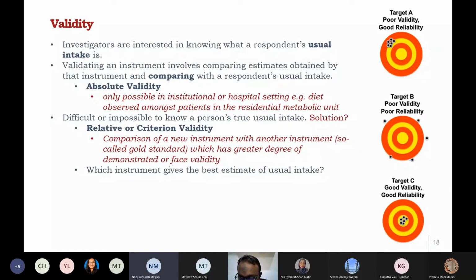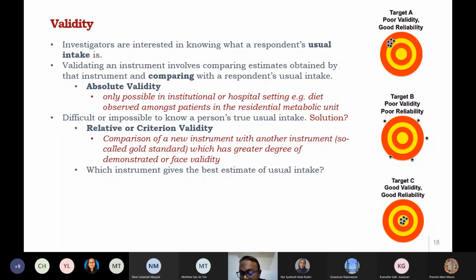Is that correct? You mean weighed food record, is it? Yes, you can do that, because when you do a weighed food record, there are usually no errors in terms of reporting because you have to weigh whatever you eat on that day.